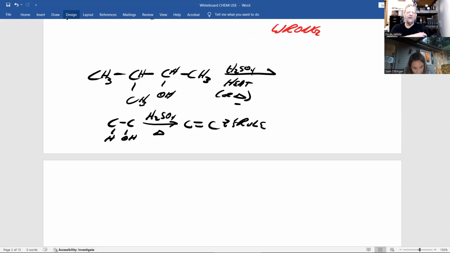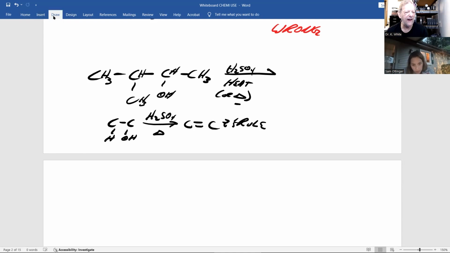And Zaitsev's rule is you get the double bond, the alkene, that has the most carbon atoms directly bonded to it.